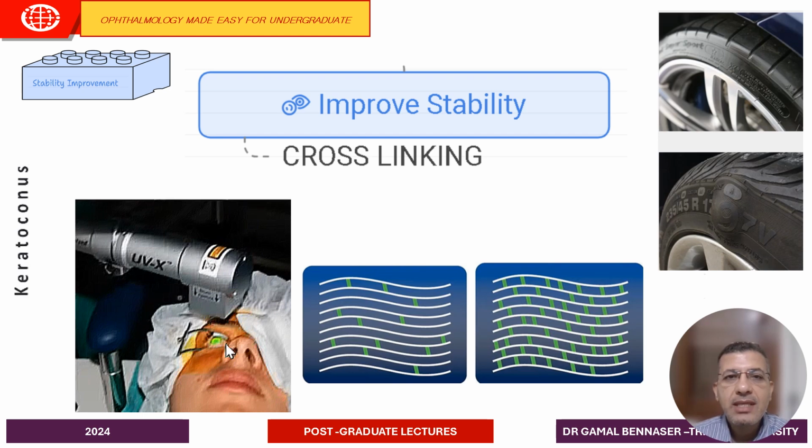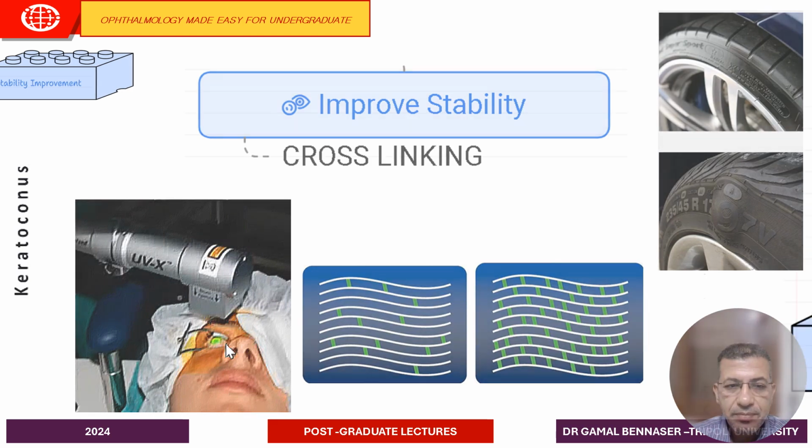We will go through these details in the lecture on cross-linking, but we should go through this step before doing any subsequent step in the management of the case. We cannot do any procedure without maintaining the stability of the cornea first.